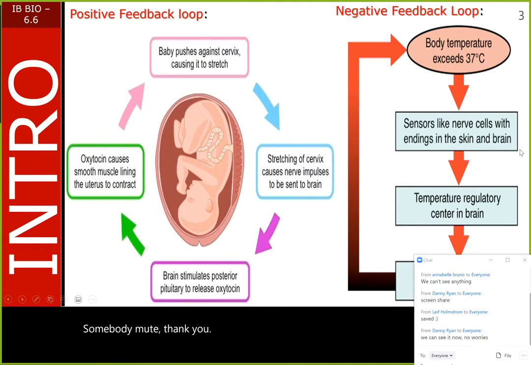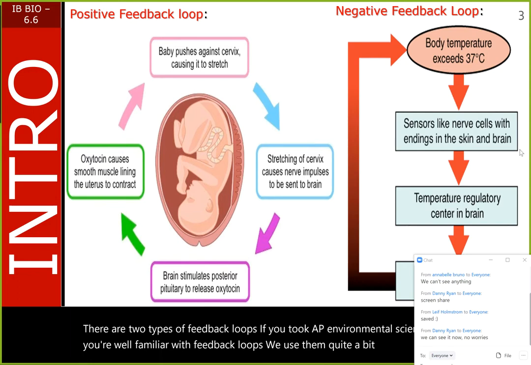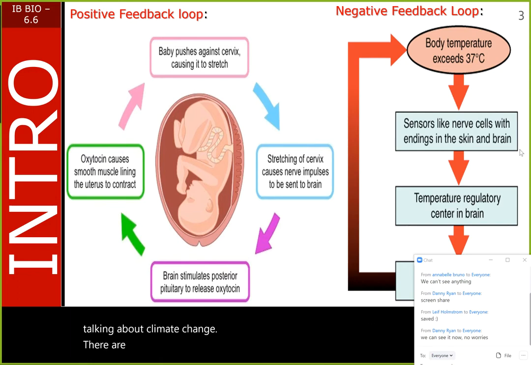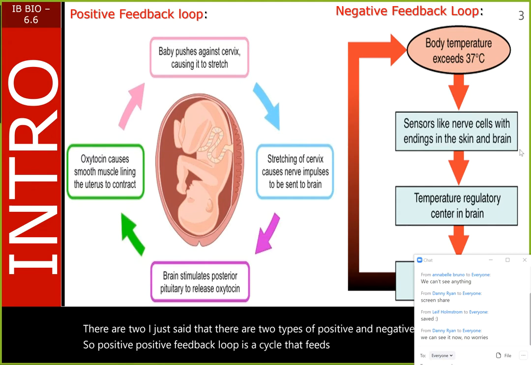Okay, so let's talk about feedback. There are two types of feedback loops. If you took AP Environmental Science, you're well familiar with feedback loops. We use them quite a bit when we're talking about climate change. There are two types, positive and negative, right? A positive feedback loop is a cycle that feeds itself so that it keeps going.